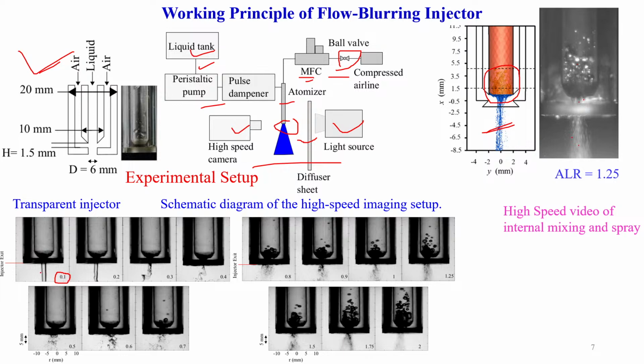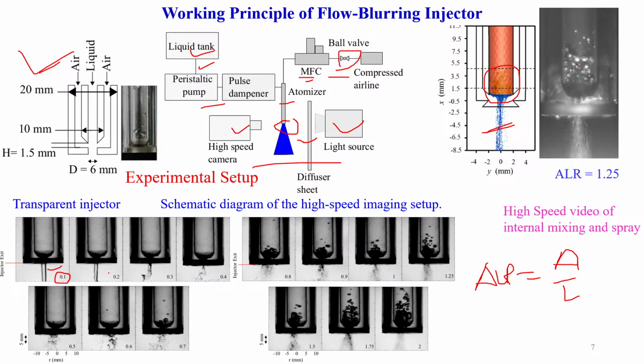Here we can see there is no oscillation, or a very minimal oscillation, in the liquid jet, meaning we are supplying very little air.